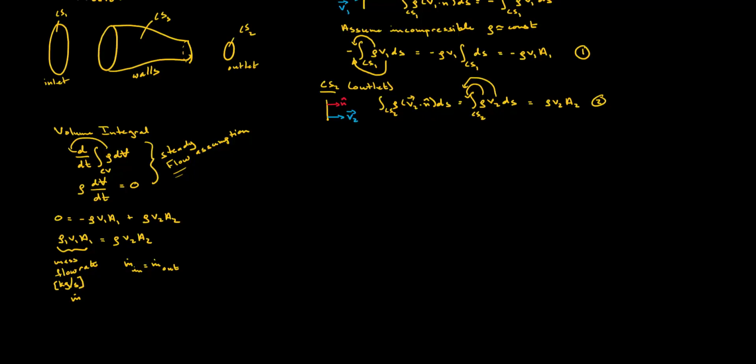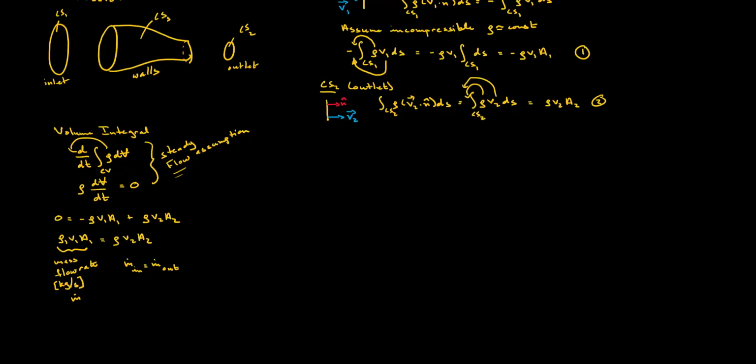So that's not saying that the velocity in and the velocity out are the same, but the mass flow rate in and mass flow rate out are the same. So this product of the density, the velocity, and the area remains constant between the inlet and the outlet. This is the mass flow rate, m dot.